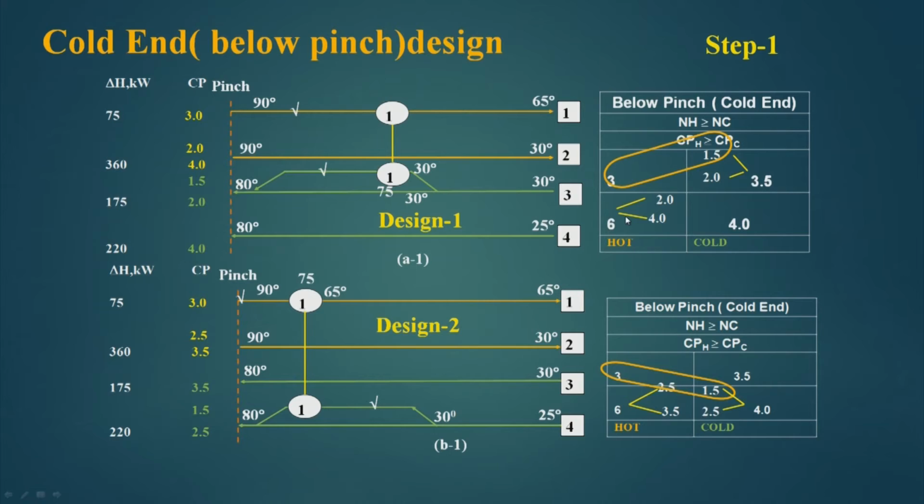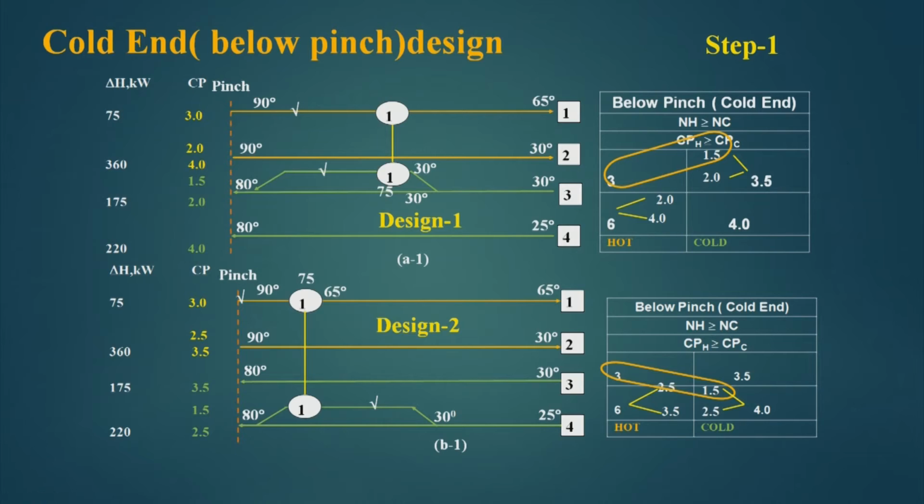Due to this rule, this stream can be matched with this and this stream with this, but this stream cannot be matched with this and this. So, this rule prohibits me from matching this stream with this and this stream with this. So, there is some sort of problem here.